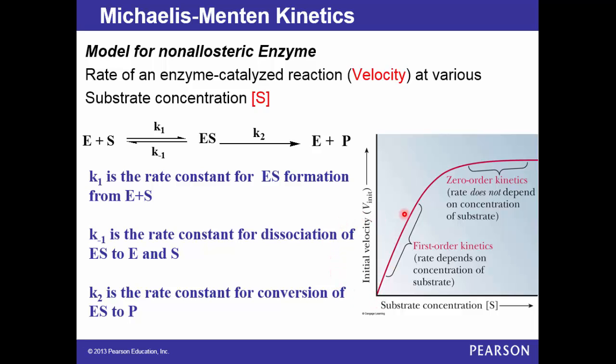Notice here at the beginning, velocity increases with substrate concentration in a linear way. So here we have a first order kinetics because the rate depends on concentration of substrate.